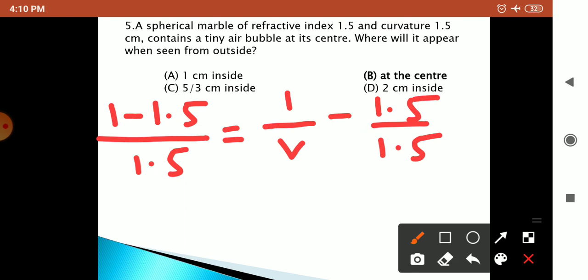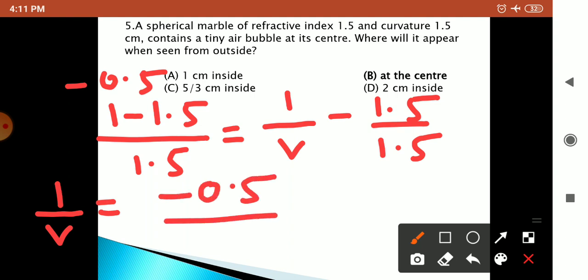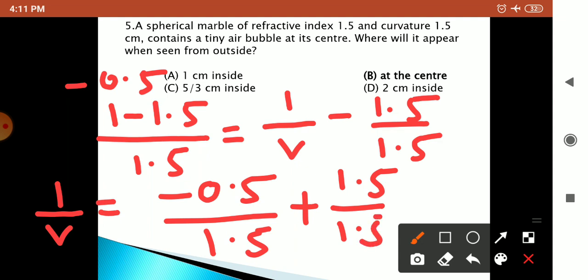Now to find 1 upon v, we can write 1 upon v on one side. This becomes minus 0.5 upon 1.5 plus 1.5 upon 1.5.